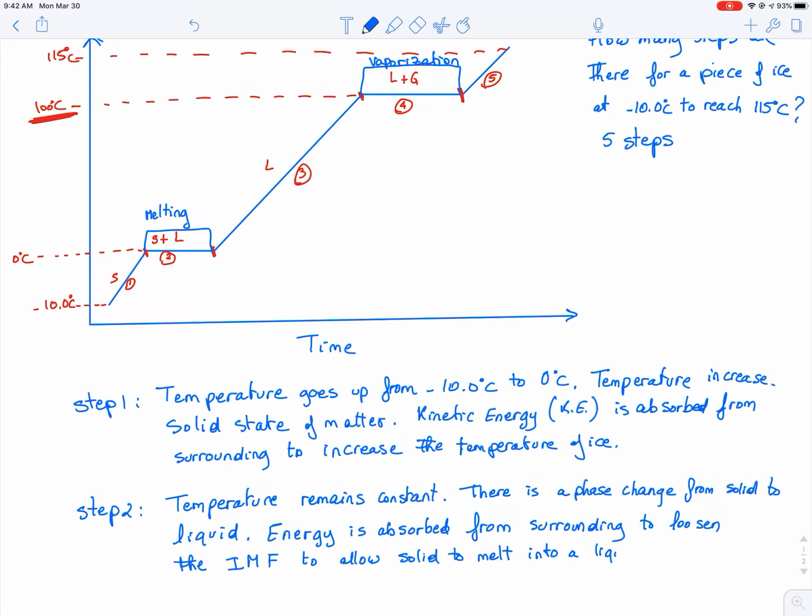And again, since the energy absorbed does not help increase the temperature, we know that the kind of energy that is being absorbed is potential energy. So potential energy is absorbed. Okay?